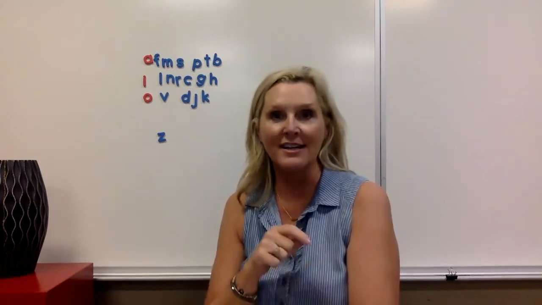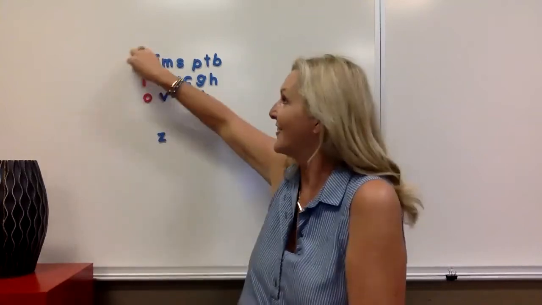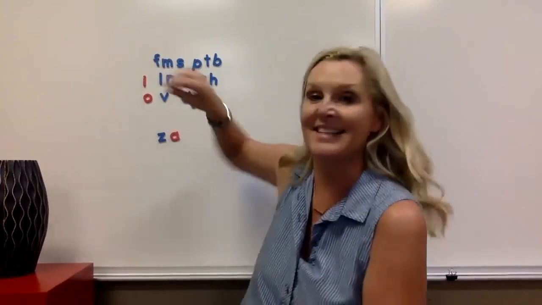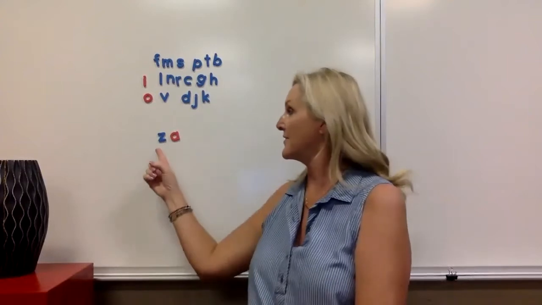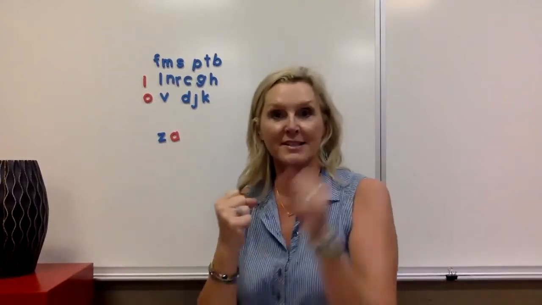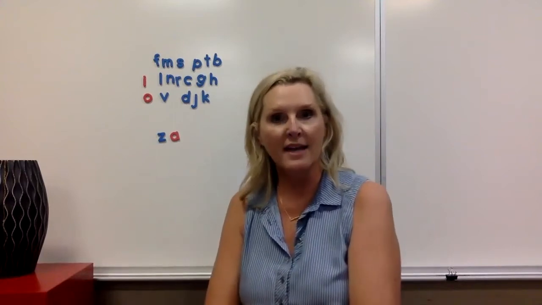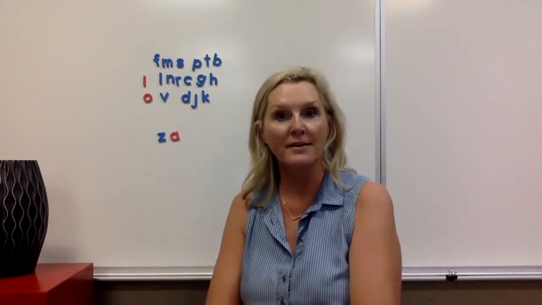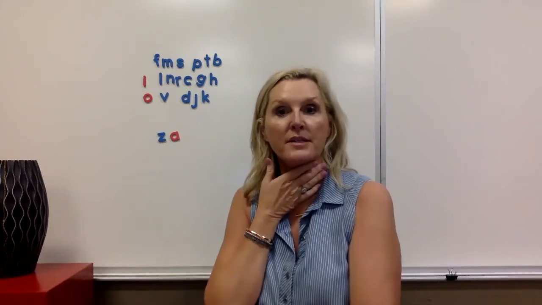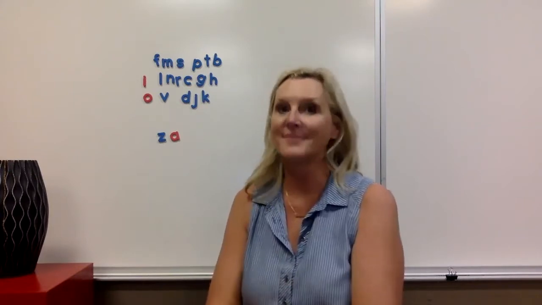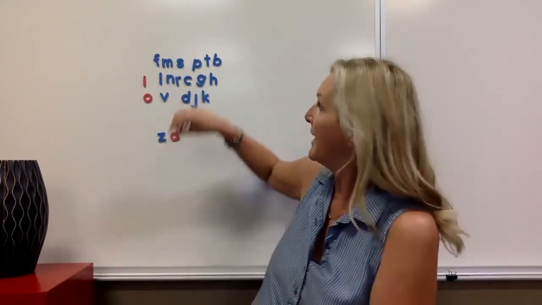And that letter is, yes, letter A. Letter A says ah. So now I have z, ah. Let's tap it out. What letter says p? It's the lip puffer, unvoiced. P. Letter P.